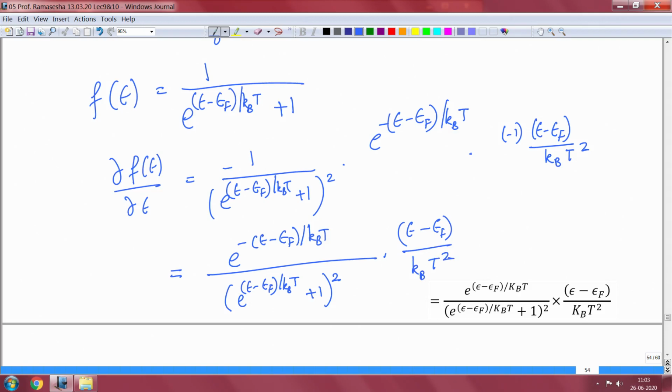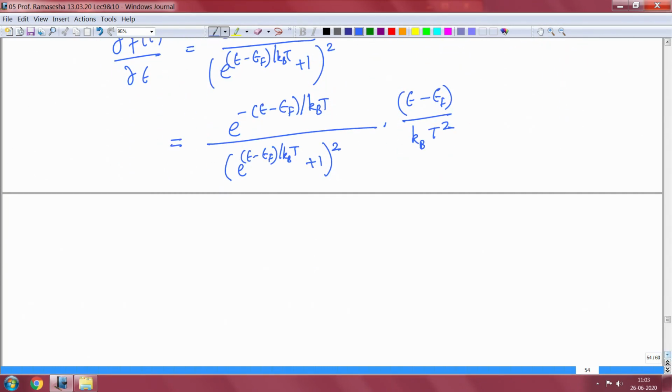Once we have this, we can substitute it into the expression for CV. So C of the Fermi gas will now be given by the integral from 0 to infinity of D of epsilon d epsilon times (epsilon minus epsilon_F) squared by kB T squared.